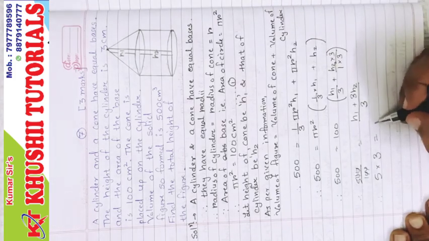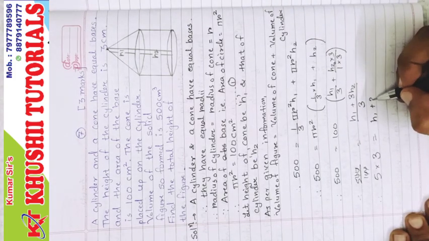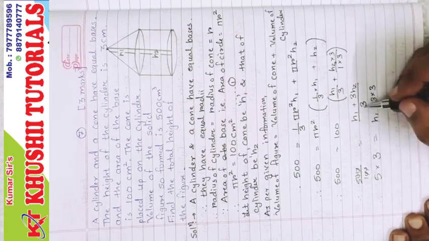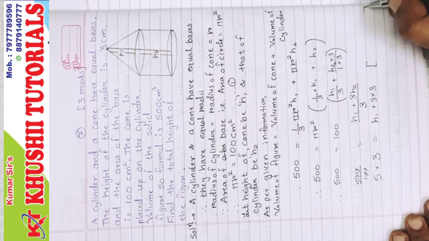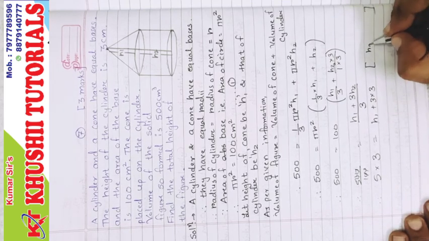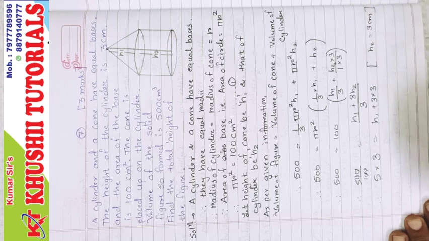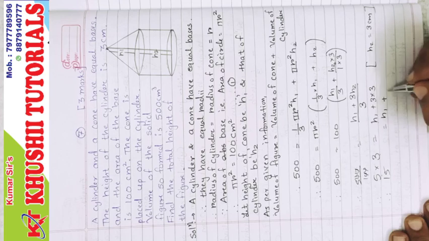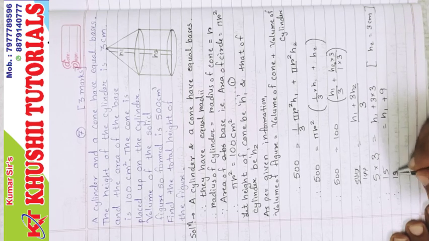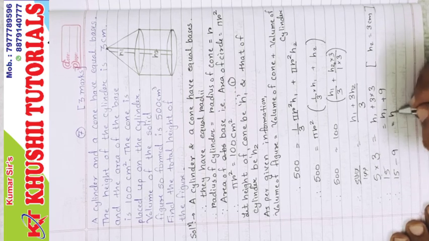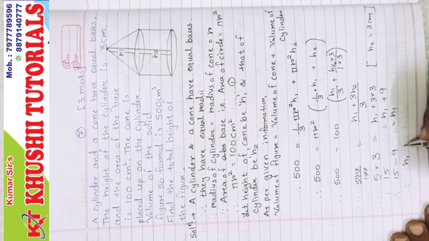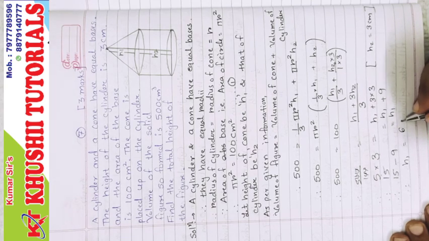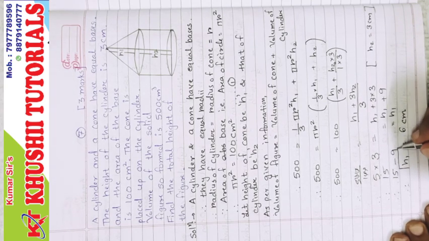So h1 plus 3 times h2, h2 is 3, right? Upon 3 is already gone there. Now h2 equal to 3 centimeter. 5 3s are 15 equal to h1 plus 9. So 15 minus 9 equal to h1. Therefore h1 equal to 6 centimeter. So we got h1 6 centimeter.